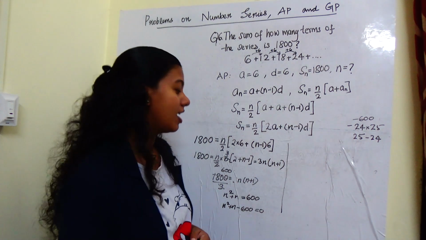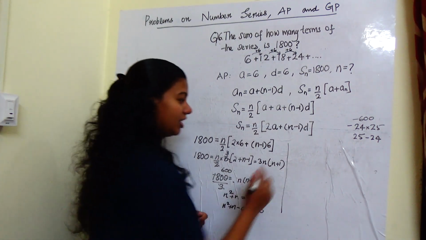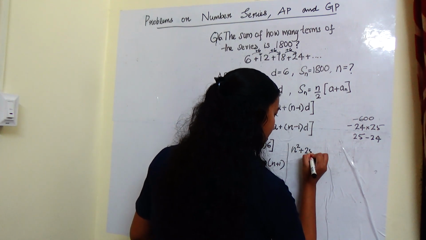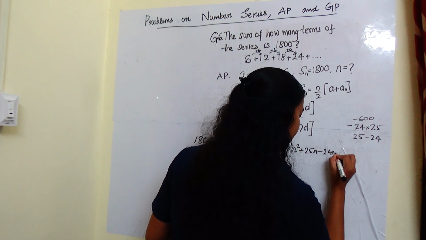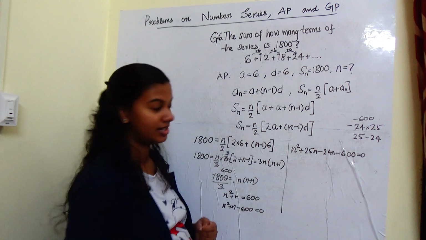Okay, so let's factorize this quadratic equation. It will be n square plus 25n minus 24n minus 600 equals 0.